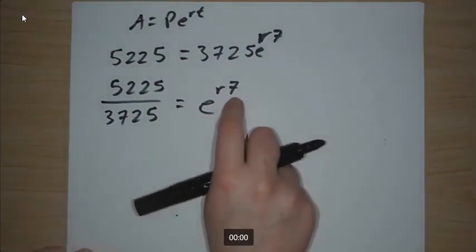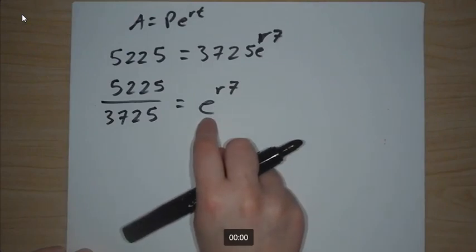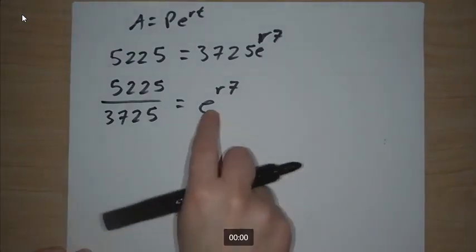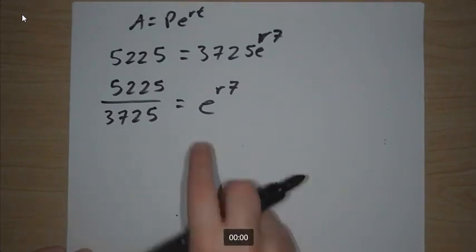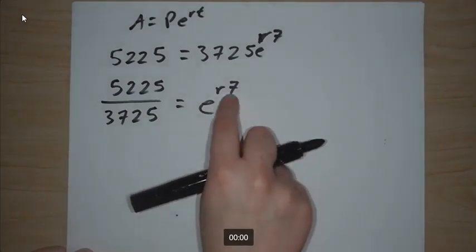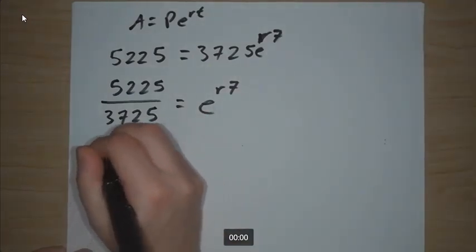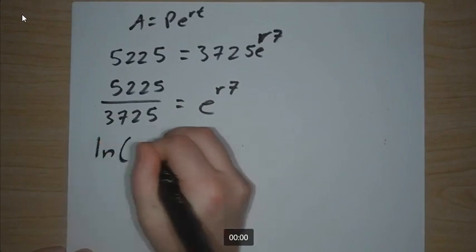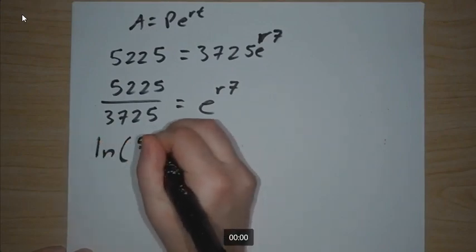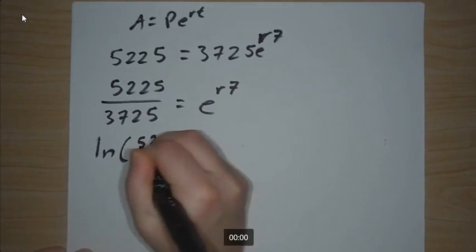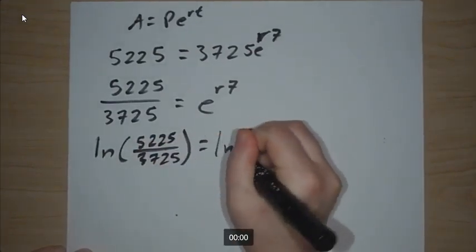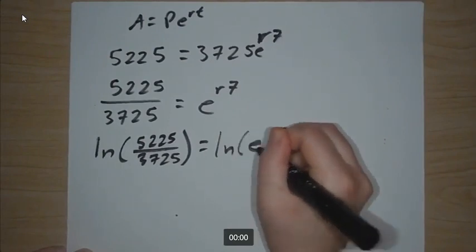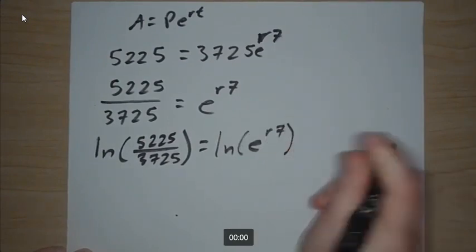And then we need to bring down this exponent from the e. The way we do that, since this is e, we're going to take the natural log of both sides, because the natural log has a base of e, and it'll essentially cancel out this e and bring down this exponent. So taking the natural log of both sides, we get the natural log of 5,225 divided by 3,725 is equal to the natural log of e to the r times 7.